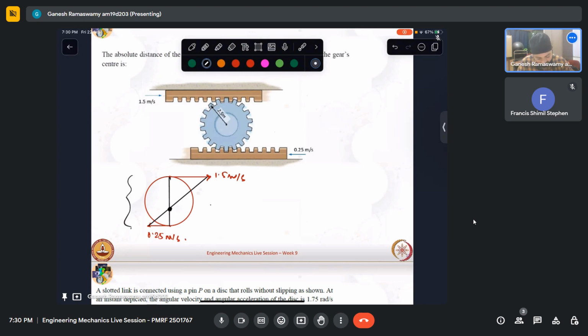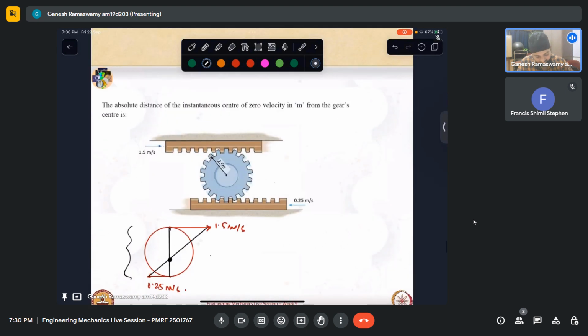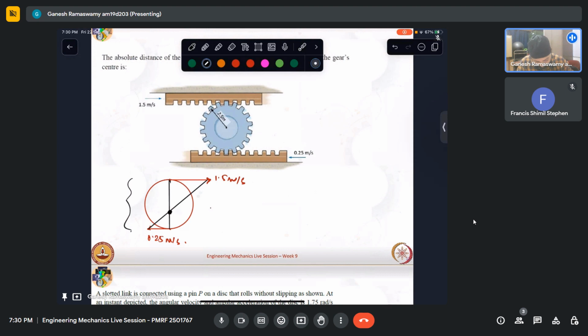The total distance is 5 meters, since I have my radius at 2.5. So if I take this to be x, then this distance becomes 5 minus x. From similar triangles, I can solve this. So 1.5 by x is nothing but 0.25 by 5 minus x.